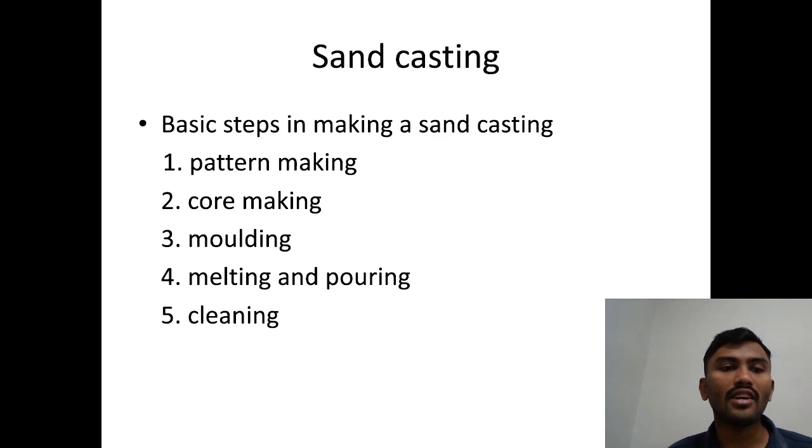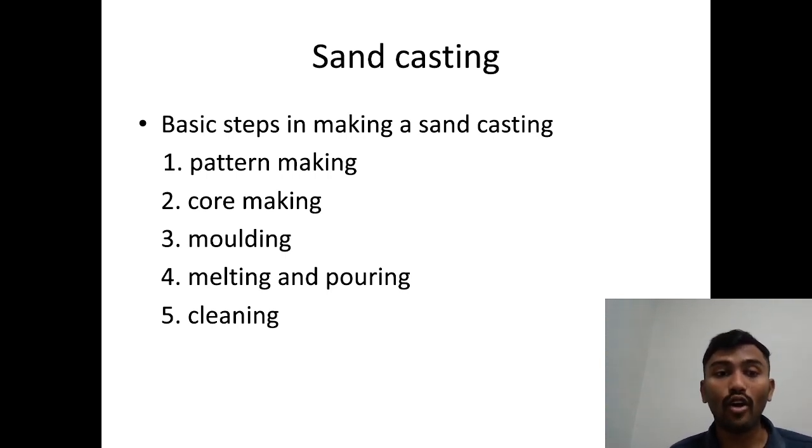In sand casting, these are the basic steps. We can see the basic steps for sand casting are pattern making, core making, molding, melting and pouring, and fifth one is cleaning. First one is pattern making. We have to make a pattern. After that, we have to make a core for our pattern, and then we have to mold it.